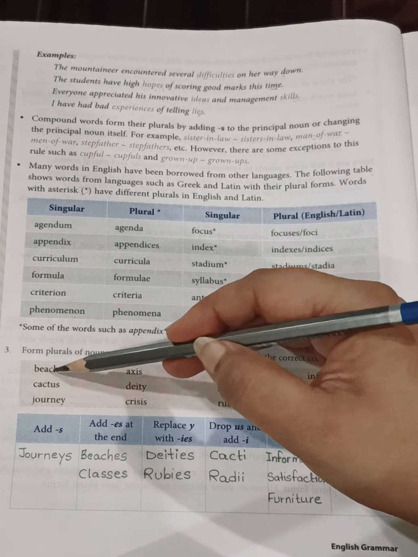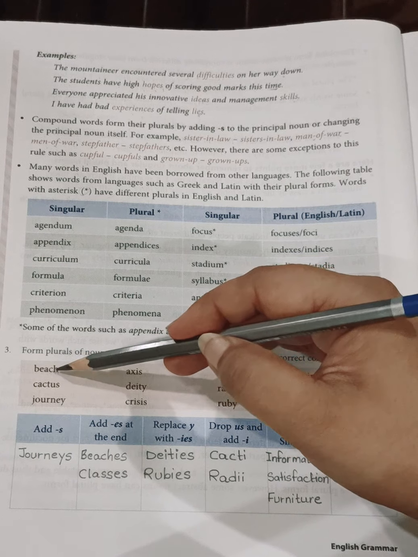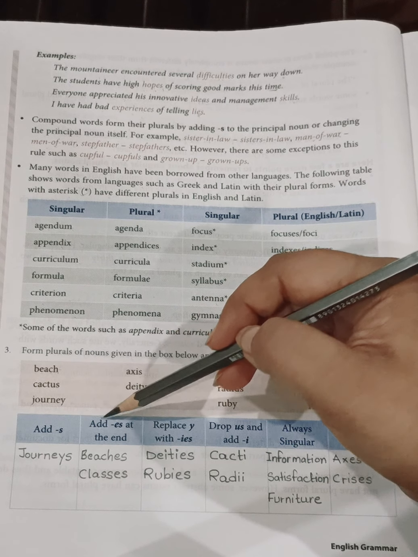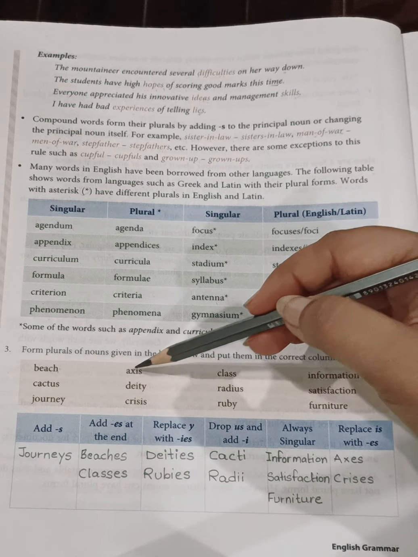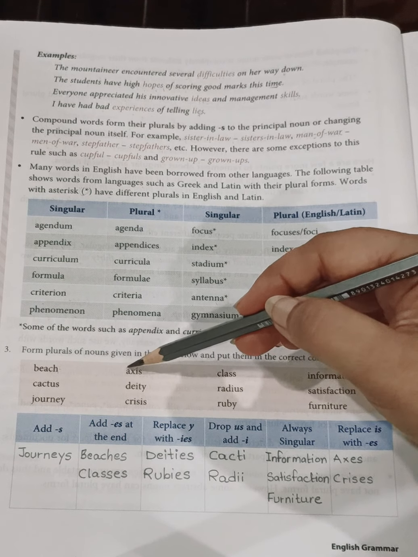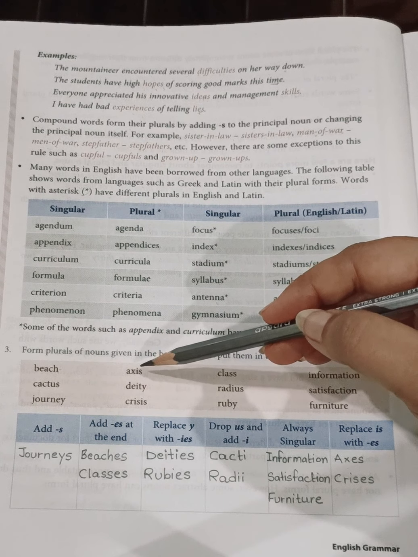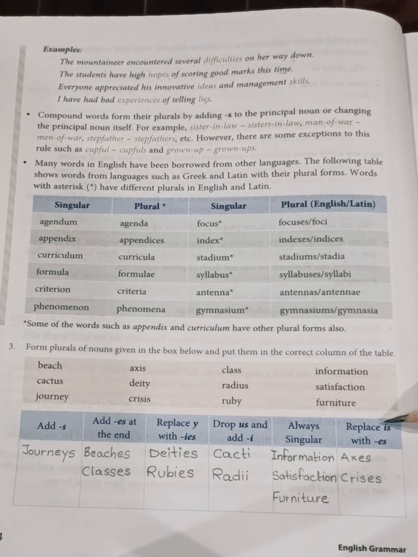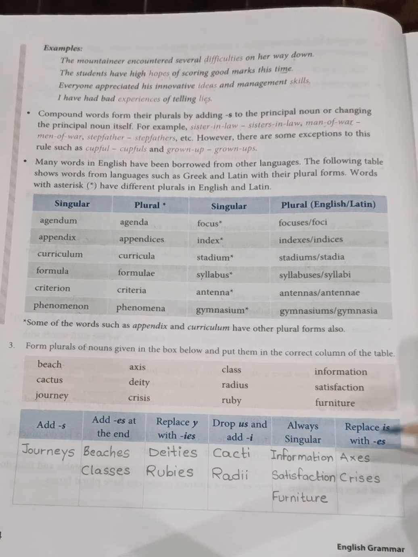Beach, it is showing us CH, so we will add ES. Beaches, so we will add ES at the end. Next, axis, A-X-I-S. We will replace IS with ES and we will write it here.